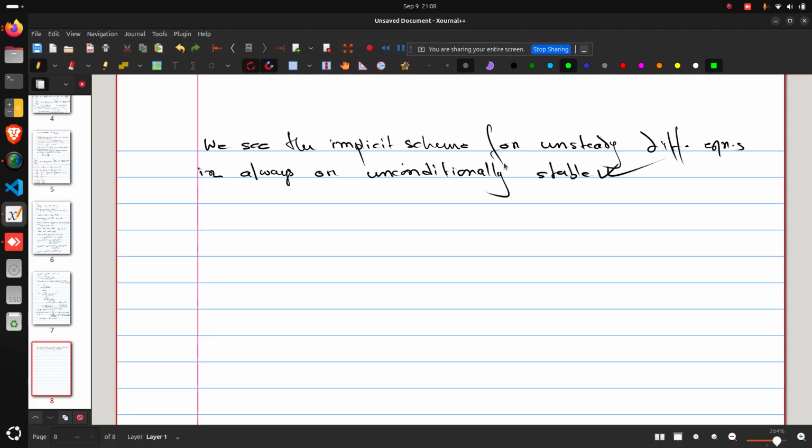Okay, so we took two routes to arrive at the same conclusion, right? First we were imposing the non-negativity of the coefficients, and we got a bound for delta t. Then we applied a little bit more complicated approach, the von Neumann stability analysis, and from that also we got the same results.